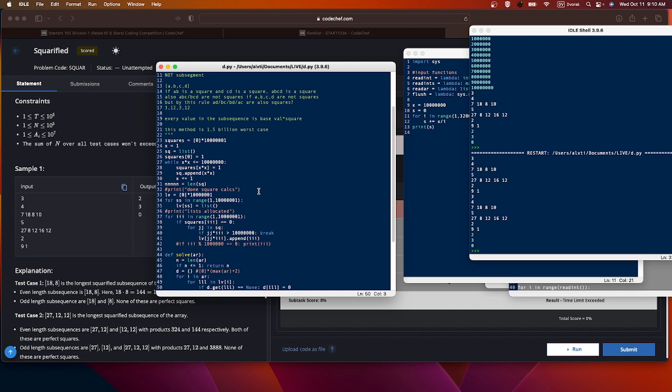If this is 1 million, it's a lot easier, but this is 10 million lists. How do we make... That's the memory limit.